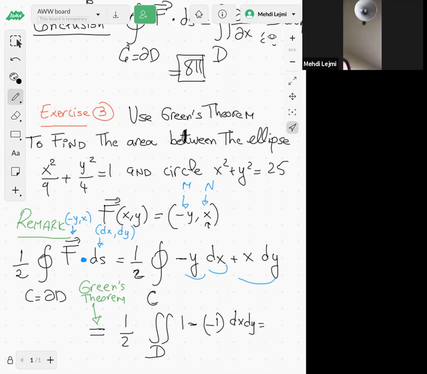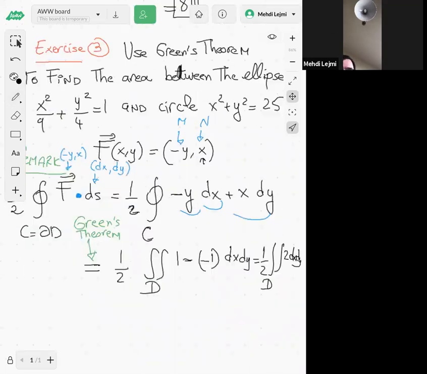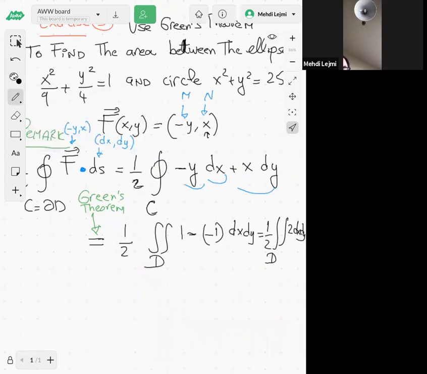So that's half the double integral over D of 2 dx dy, which is of course equal to, what's the double integral over D of 1? Half times 2 would be 1, so dx dy, and that's exactly the definition of the area of D.